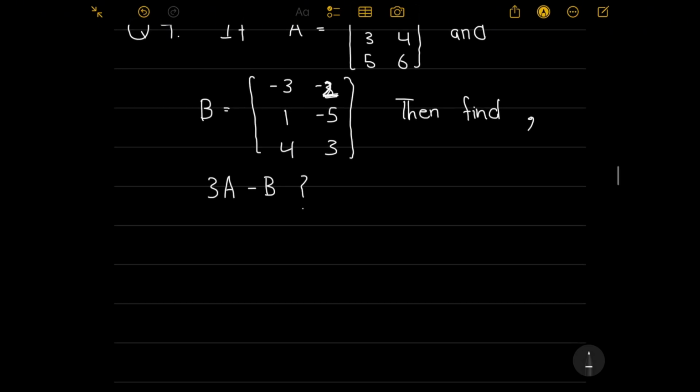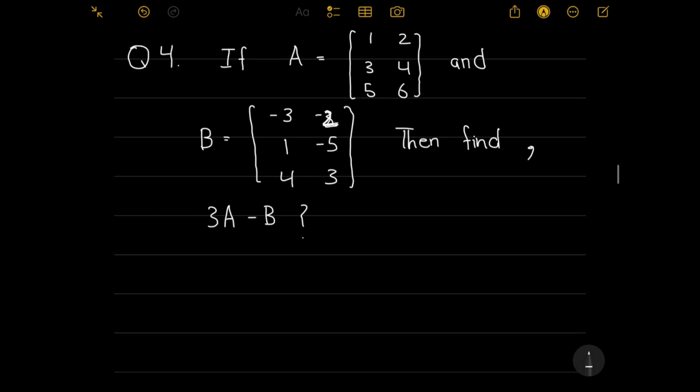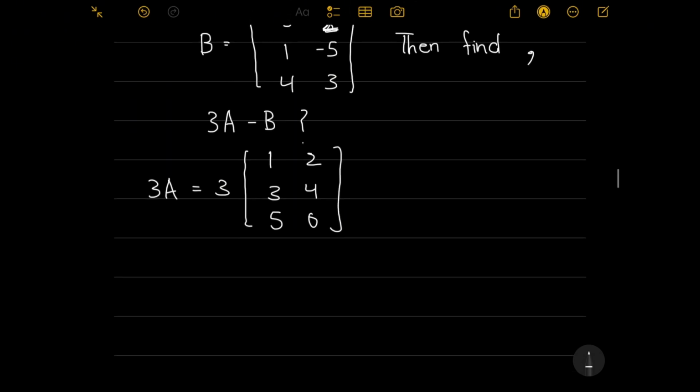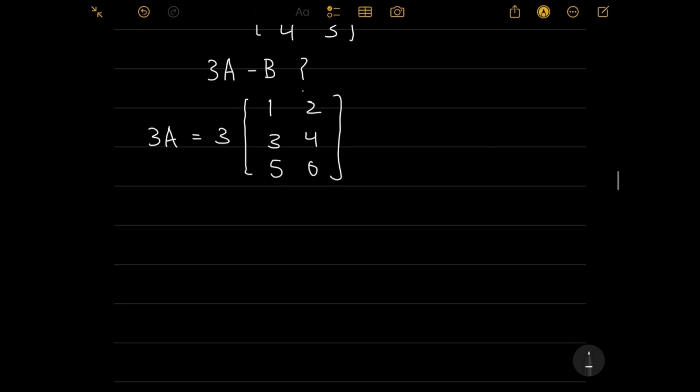So first, let's just find 3A. So if A is equal to this, then 3A equals 3 into this matrix, 1 2 3 4 5 6. Okay, we're gonna multiply this 3 inside.